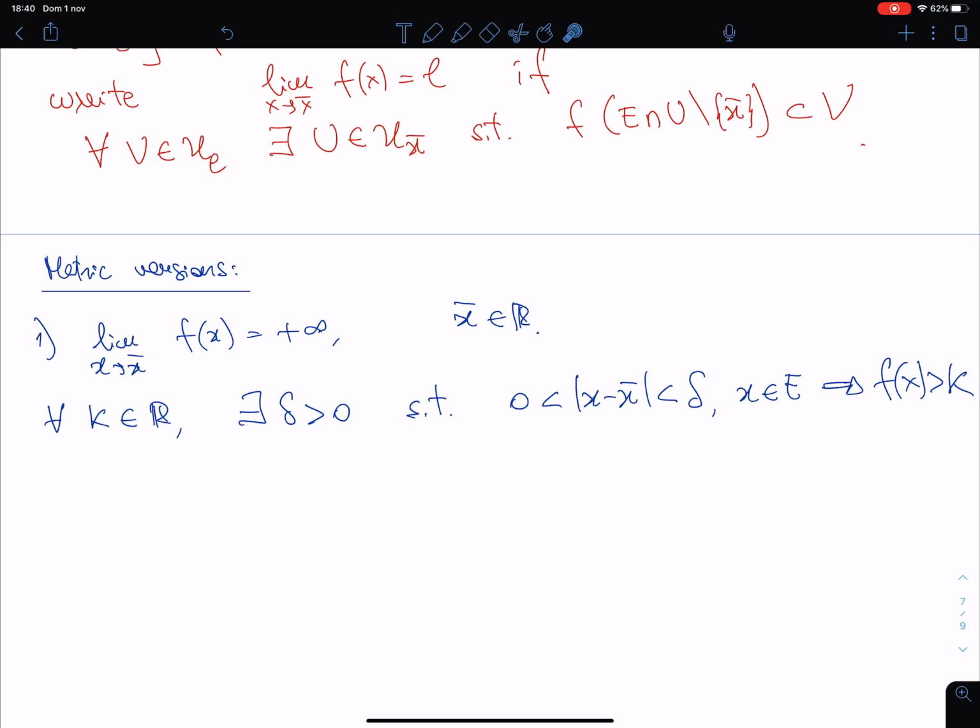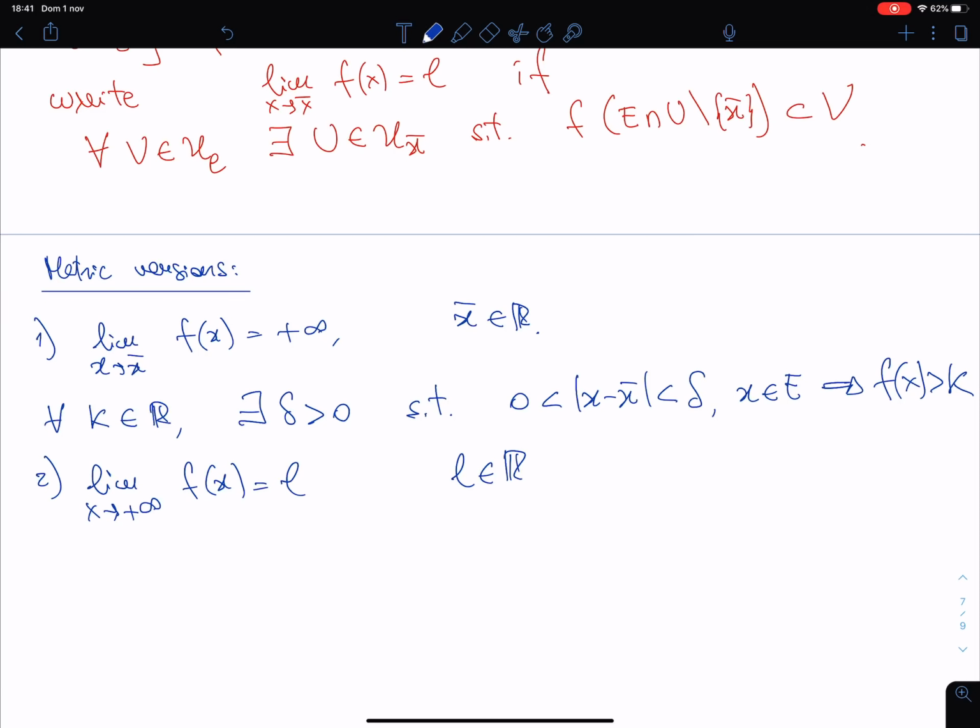Second, limit for x going to plus infinity of f of x is equal to L when L is real.